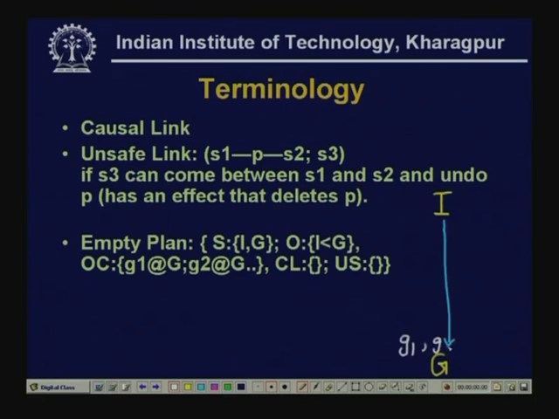So, G1 and G2 are the open preconditions that must be satisfied at G. In the initial plan there are no causal links and there are no unsafe links, but this plan is not complete because G1 and G2 are open preconditions.